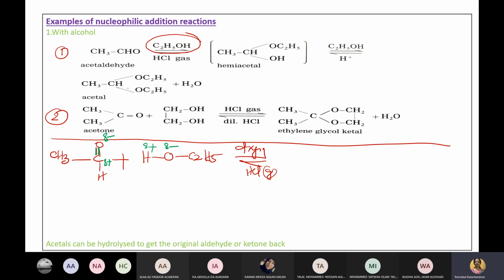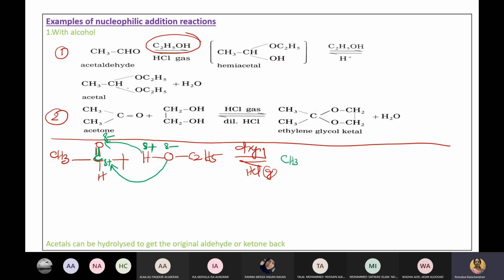So this H has positive charge. Which atom will it go to, carbon or oxygen? Yes, it goes to oxygen. Similarly, this one having negative will go to this carbon. See, I told you don't memorize anything. It is so easy.